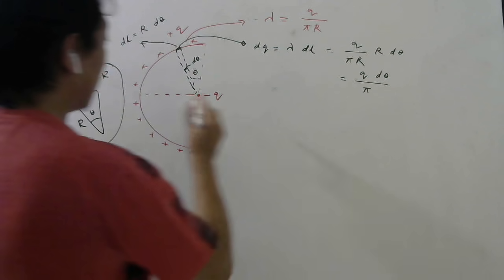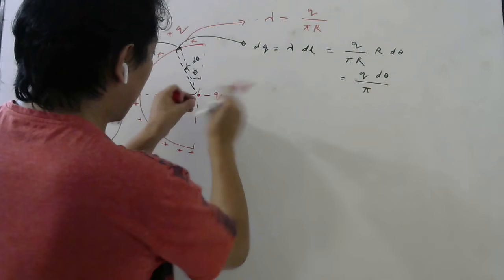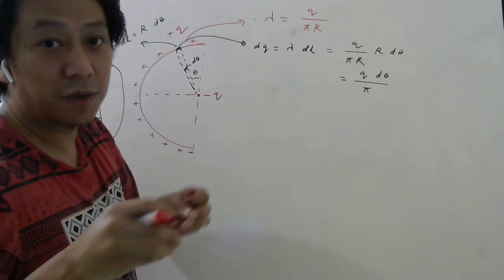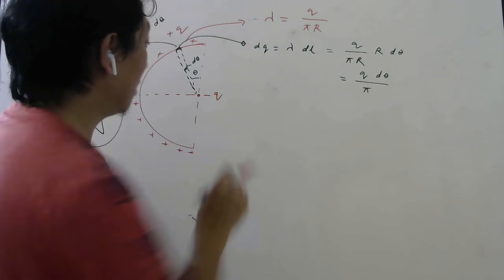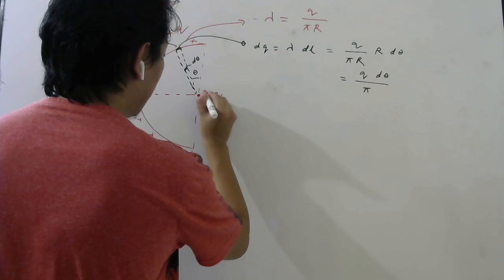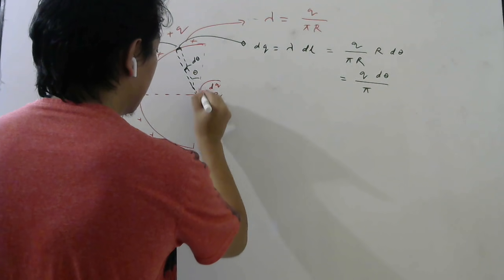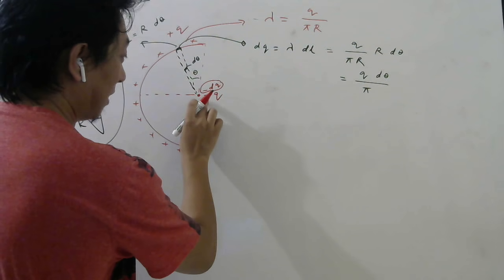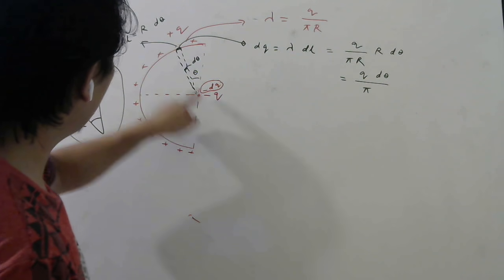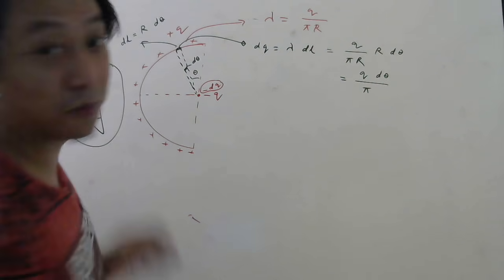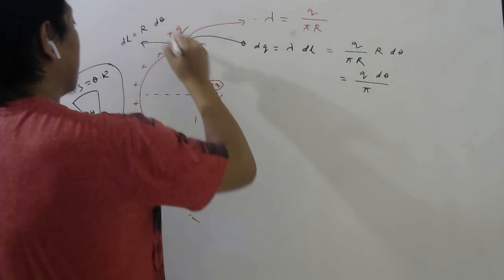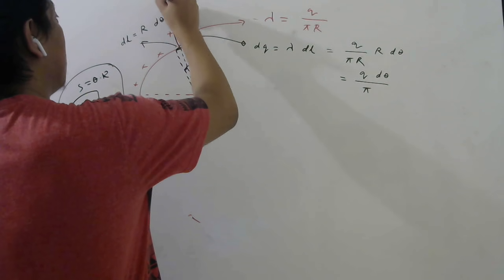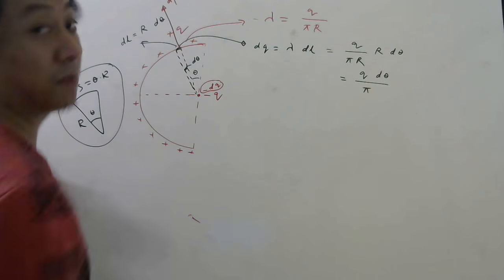Now this minus q also you divide into minus dq, minus dq, minus dq, like that. So one of the minus dq, if you take this minus dq, which is part of this minus q, that minus dq and this plus dq will form a dipole, and dipole moment will be from minus dq to plus dq in this direction. That will be your dipole moment, dp, let me call it.